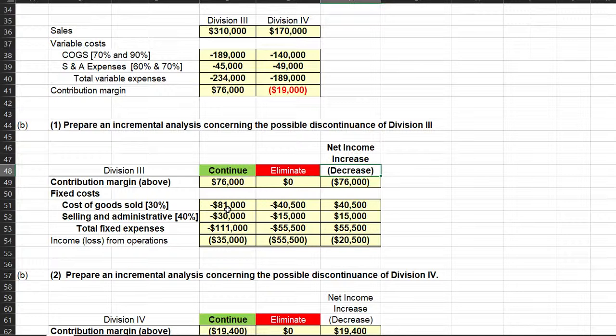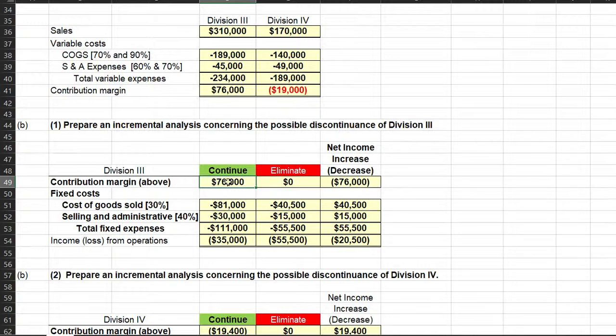If your expenses were to increase and everything else stayed the same, then your net income would decrease. The opposite would be true. If revenue were to decrease, net income would decrease if everything else stayed the same. And if your expenses were to decrease, then your net income would increase. Let's look at our incremental analysis or differential analysis.